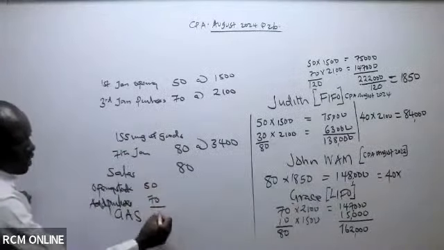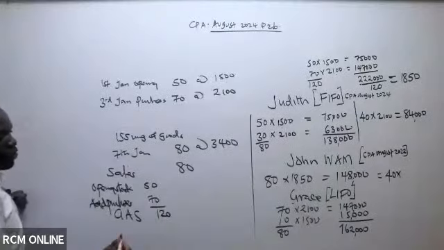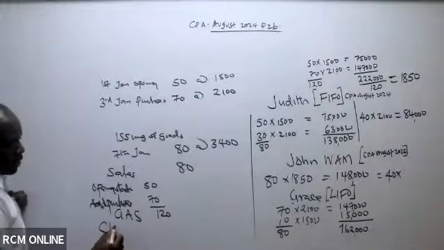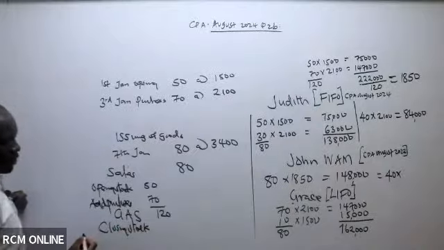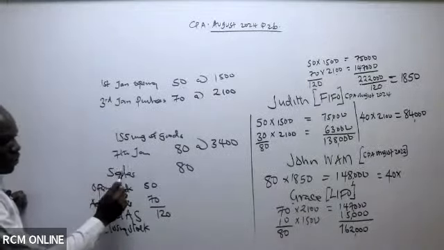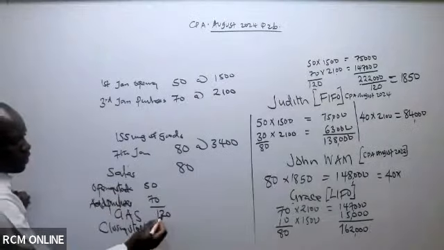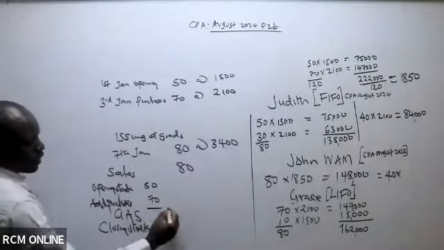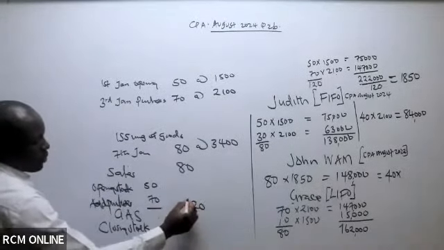So this will give me 120. Goods available for sale minus closing stock will give me goods that were sold, right? Minus closing stock. Now, I have 120.